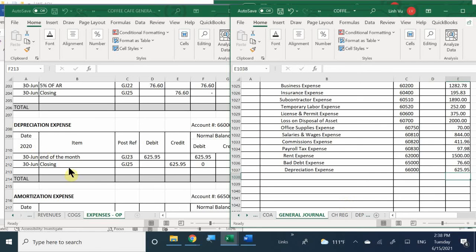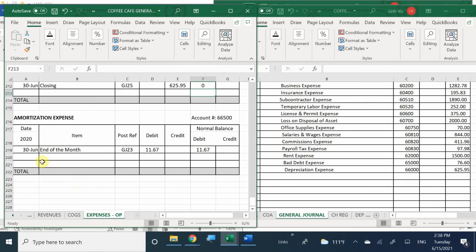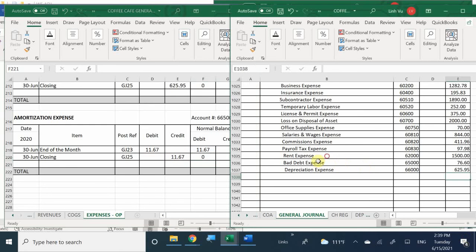Mm-hmm. All right. Last but not least, amortization expense for a credit of 11.67. So amortization expense.